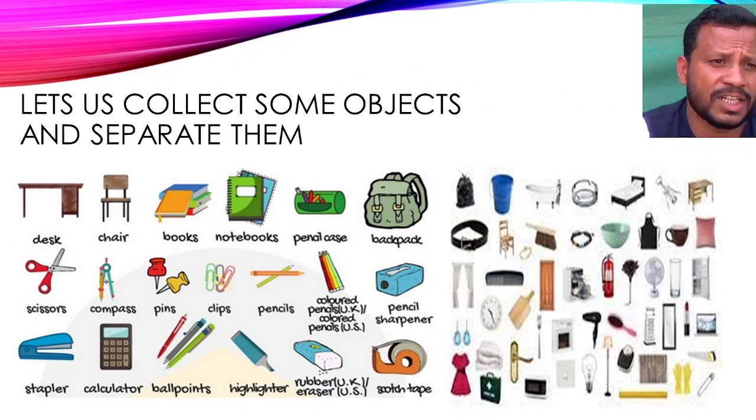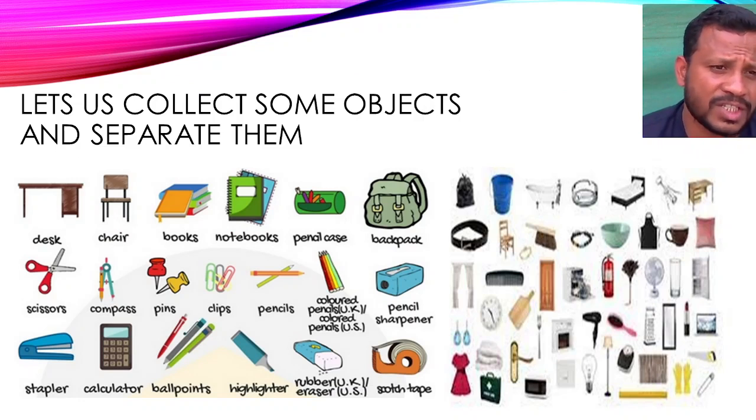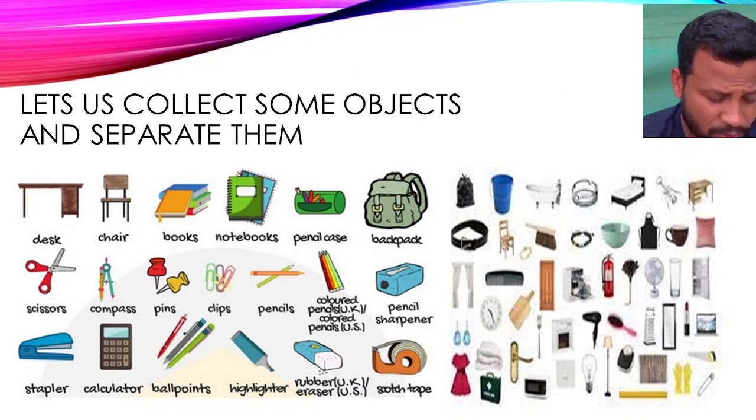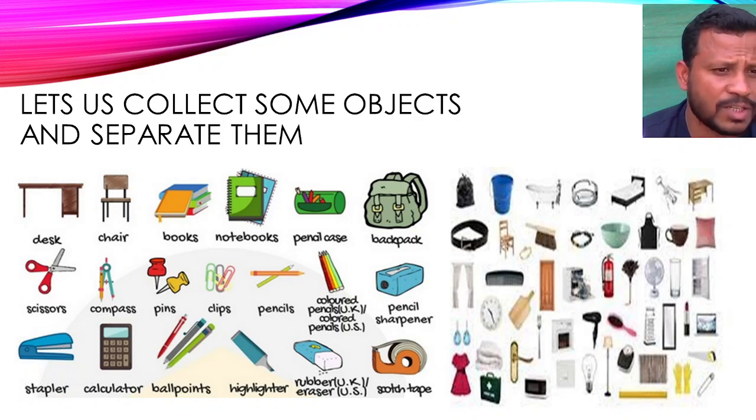Let us see here. Let us collect some of the objects and separate them according to their uses, their shapes, and their sizes. Here we see a table, chair, books, notebooks, pencils, bags, scissors, compass, pins, clips.